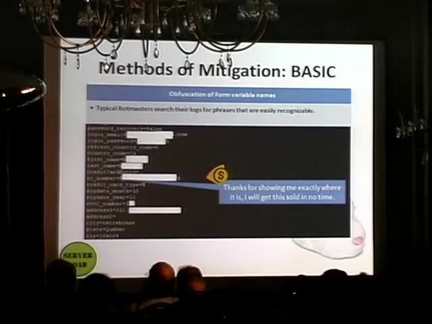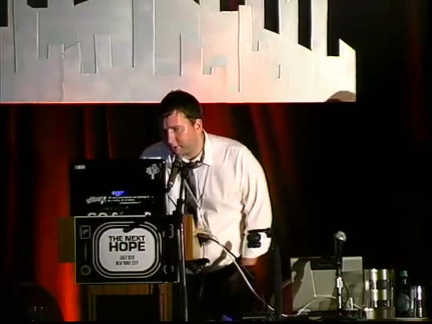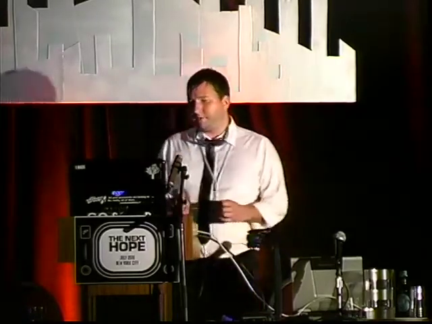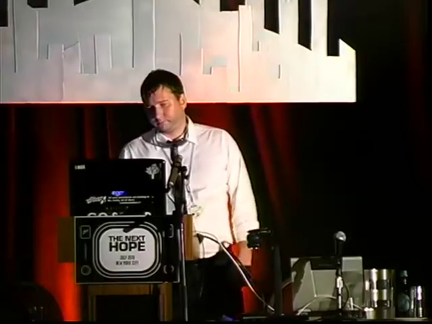You can name this variable anything you want, as long as the server side and client side know, it's great. You can also, as you can see here, this is a prominent website that named their password and their confirmation, which, as the Botmaster goes through the post requests, can easily be found.